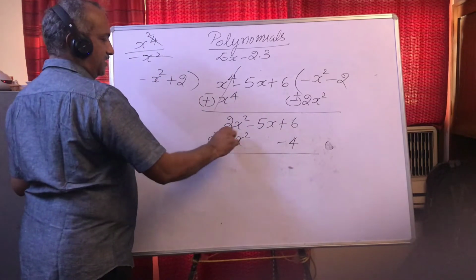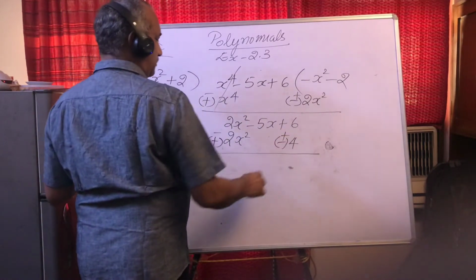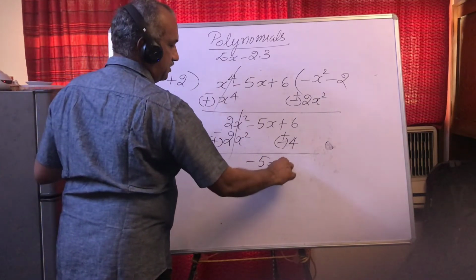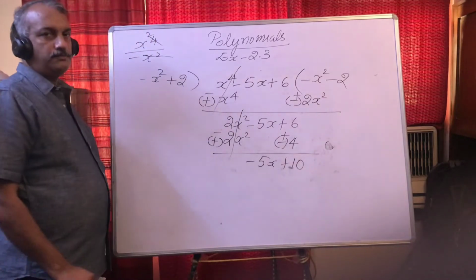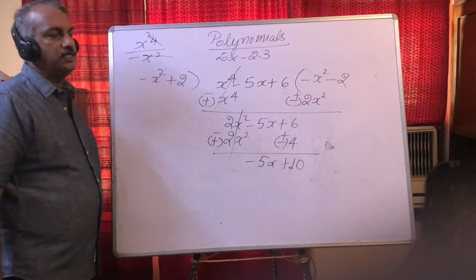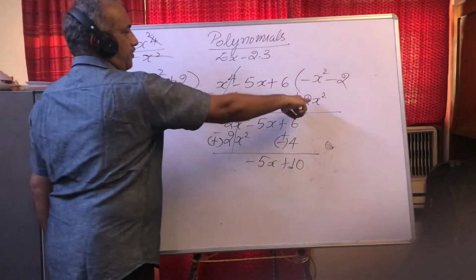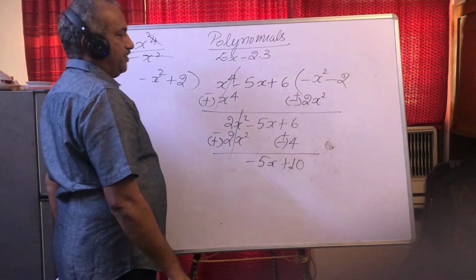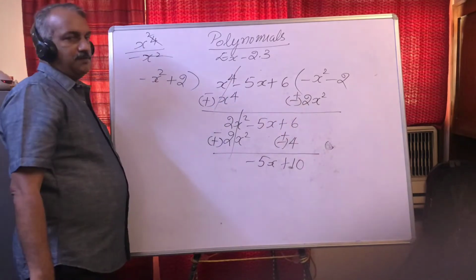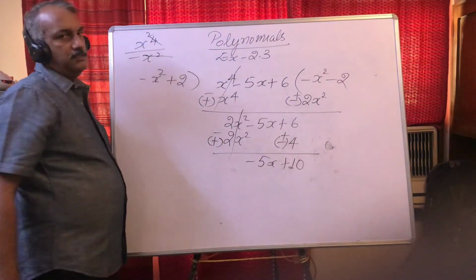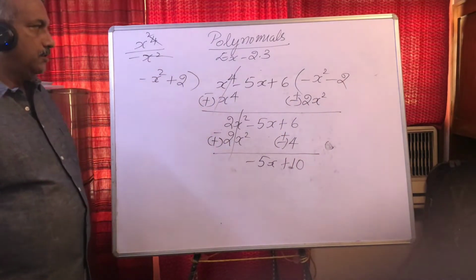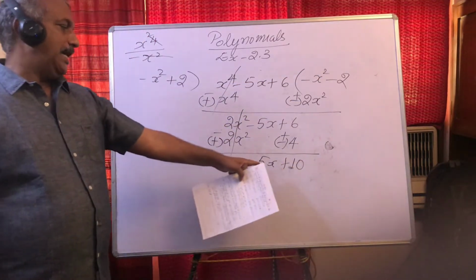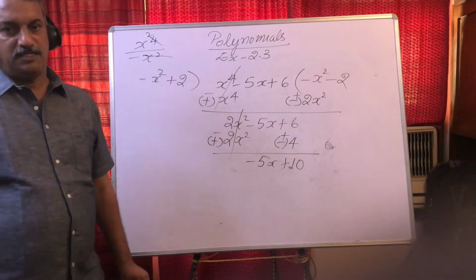Plus minus minus plus, this is cancelled, minus 5x plus 10. So same division, only the thing is, if after multiplying you get a term with different power, then write it separately, then rearrange it according to the powers. So in this case the quotient is minus x square minus 2 and the remainder is minus 5x plus 10.